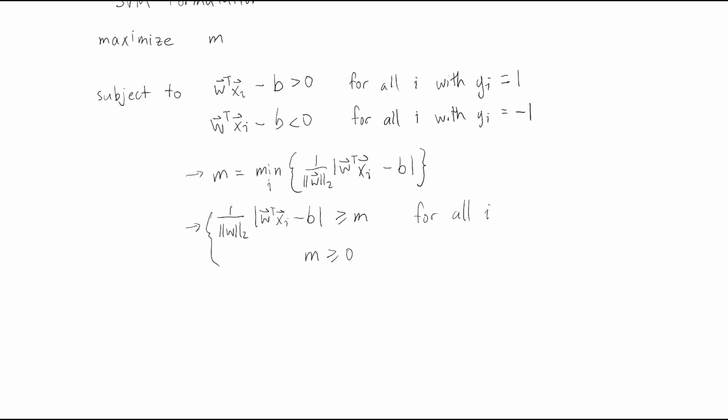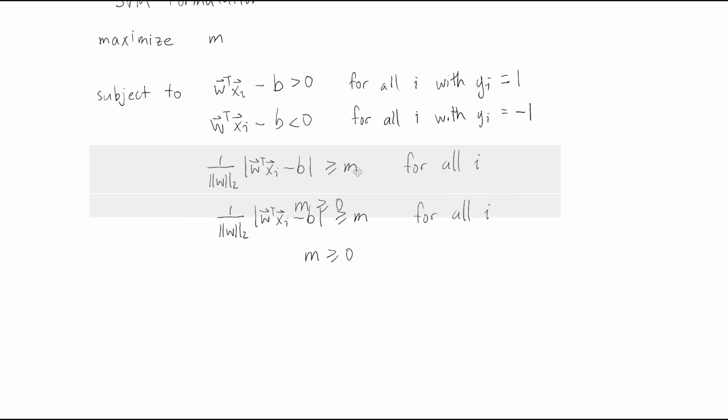And then m must be greater than or equal to 0. So they're the same. So now we can use the last two statements to replace this one, just to make things a bit neater.